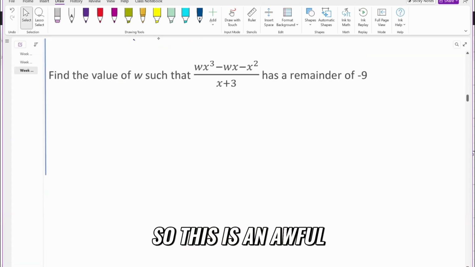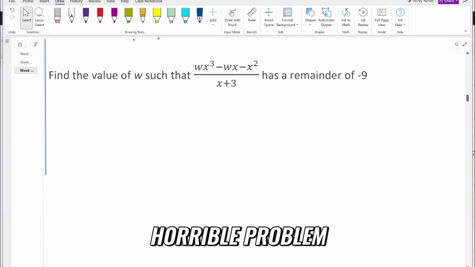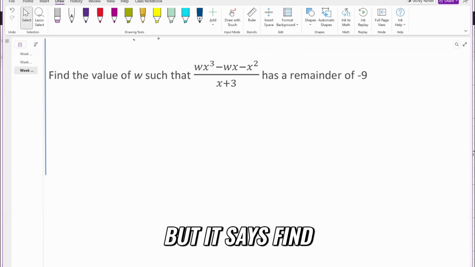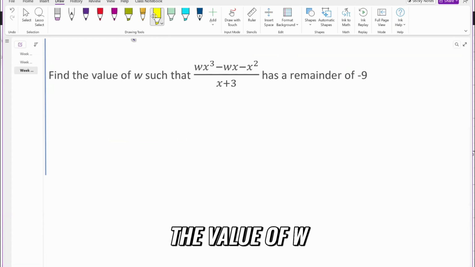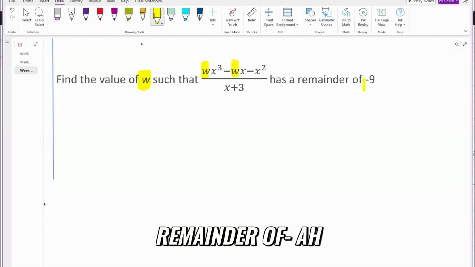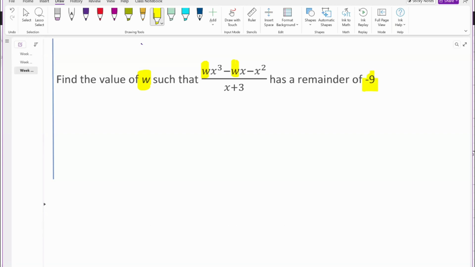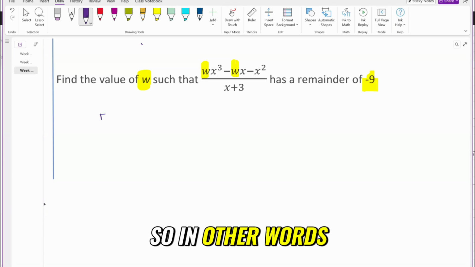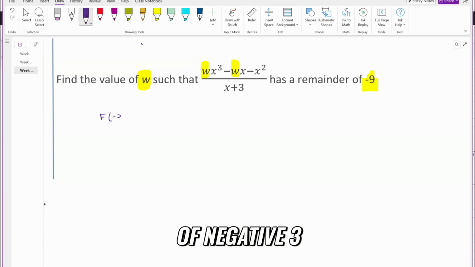All right, so this is an awful horrible problem, but it says find the value of w such that this has a remainder of negative 9. Why? Because they want us to. So in other words, my f of negative 3 would have to be a negative 9, right?